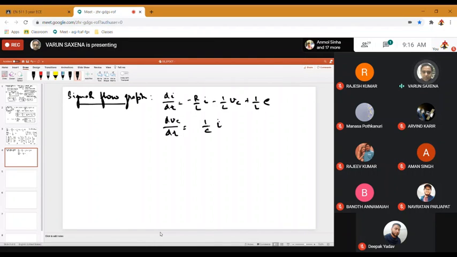Okay, so now we have to make a signal flow graph, and if you remember, in signal flow graphs everything was in the Laplace domain. Whenever we talk of block diagrams and signal flow graphs, we generally talk in terms of the Laplace domain. So these are of course time domain equations.